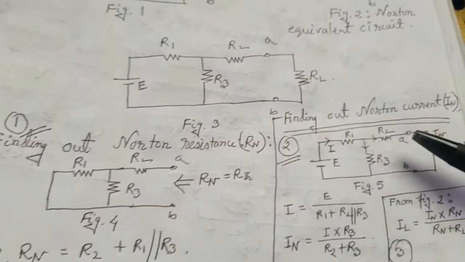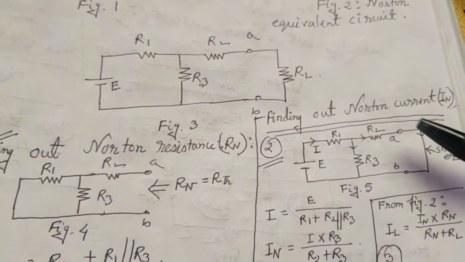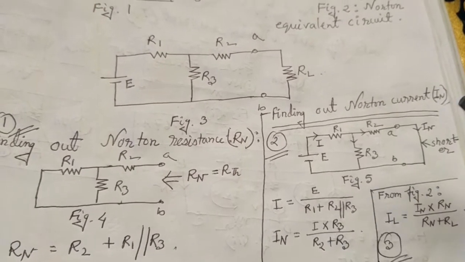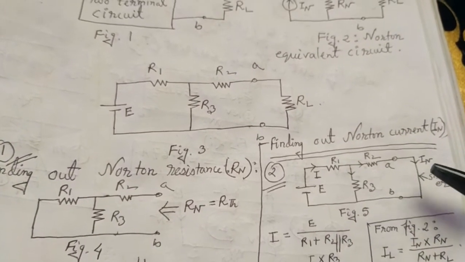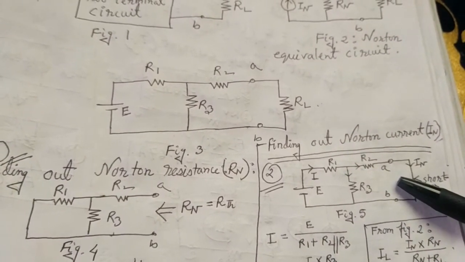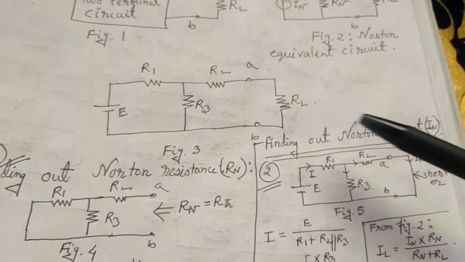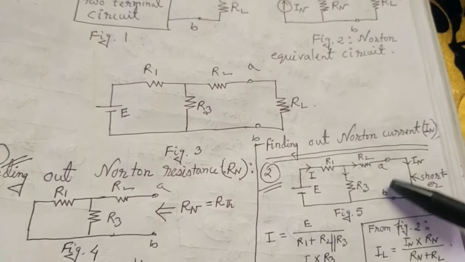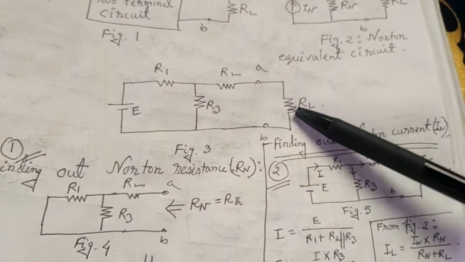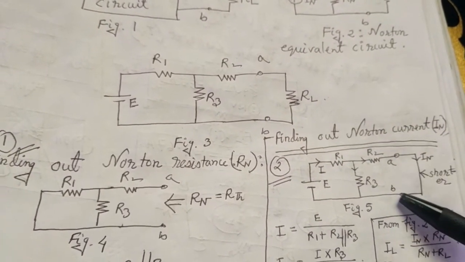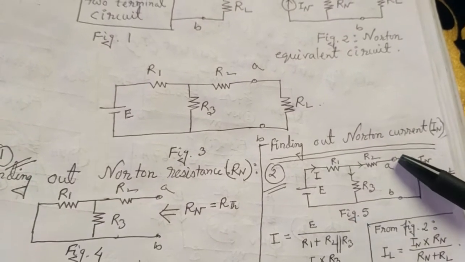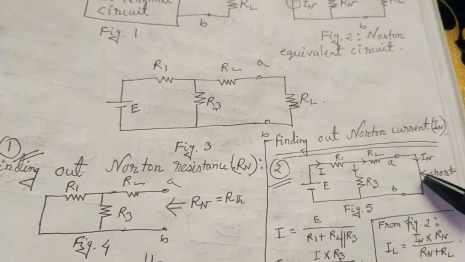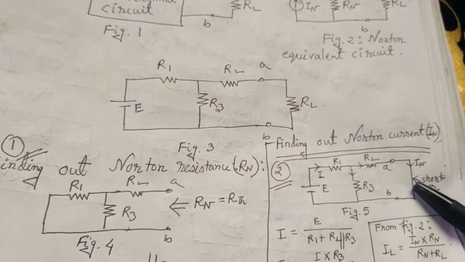Now we are going for the determination of the Norton current IN. We know that to determine Norton current, we need to remove the load resistor. So we have removed the load resistor, and in the place of the load resistor we have placed a short circuit path.